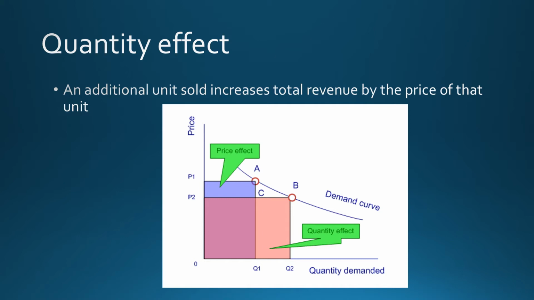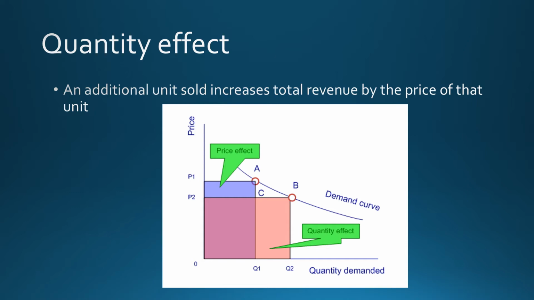What we're looking at here is what happens when they decide to sell more. Both of these things take place. Say we were at point A, P1 was the initial price, and Q1 was our initial quantity, but we move from A to B. The quantity effect of moving from A to B is that an additional unit sold increases total revenue.